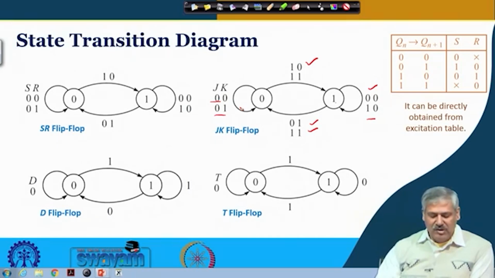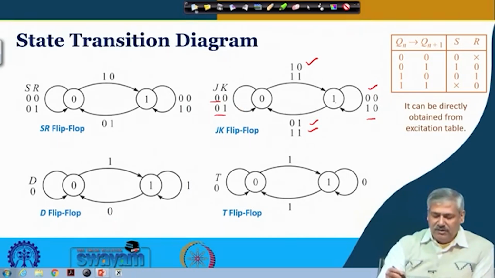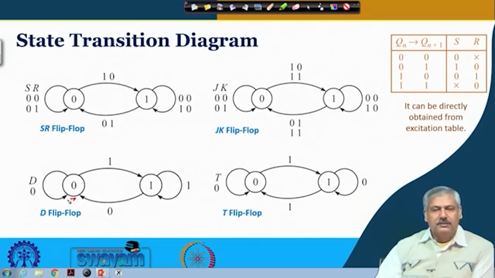Okay. For the D flip flop, at stable state 0, if it receives 0, it will stay here; if it receives 1, it will go to 1. If it is at 1 and gets 1, it will stay there; if it receives 0, it will come to 0.